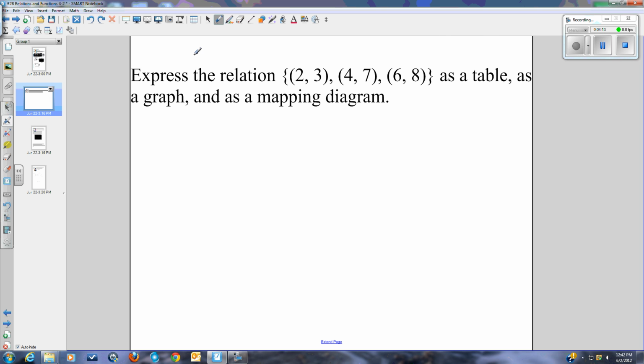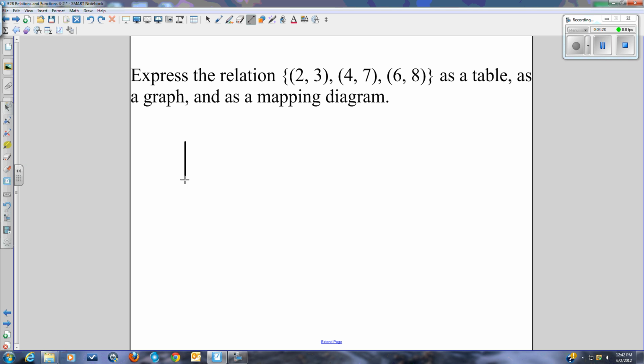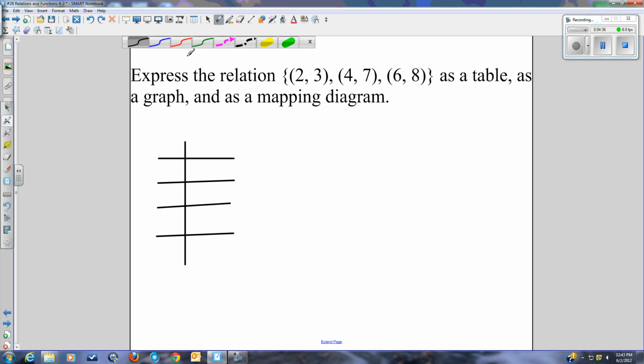It says express the relation (2, 3), (4, 7), (6, 8) as a table, as a graph, and as a mapping diagram. So first of all, let's see if we can make a table of this information. Here's x and y.